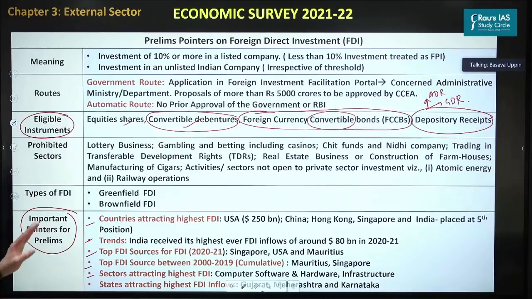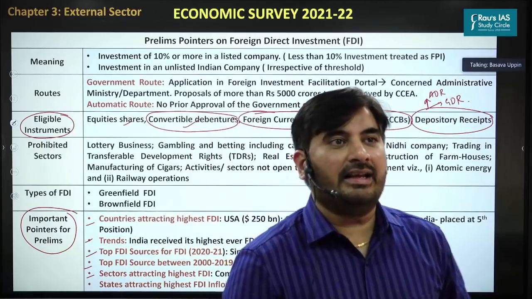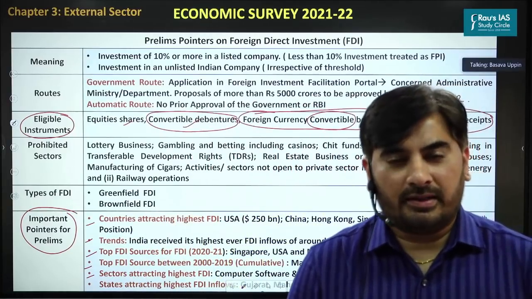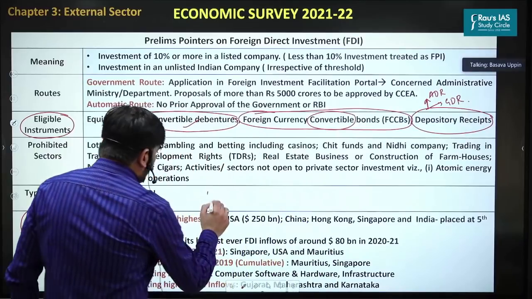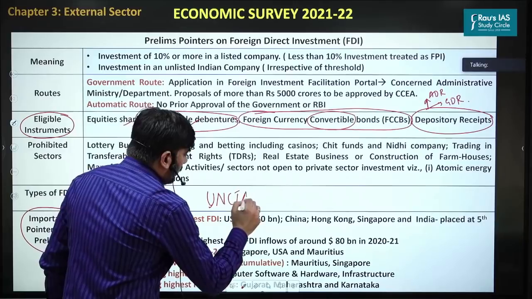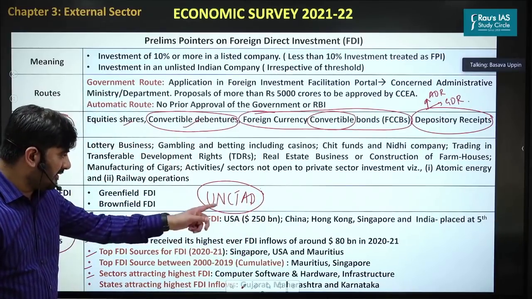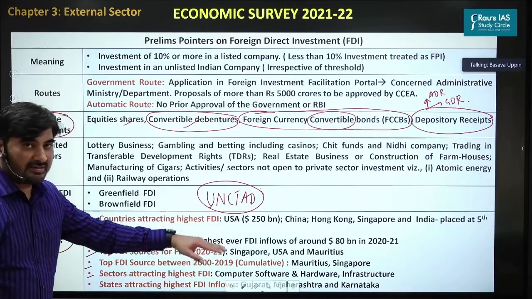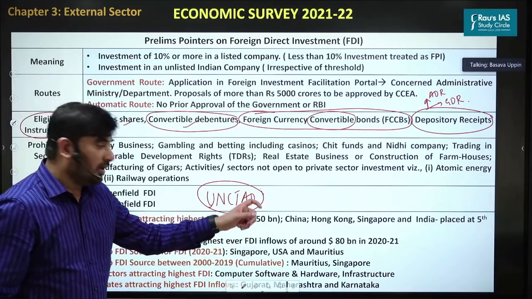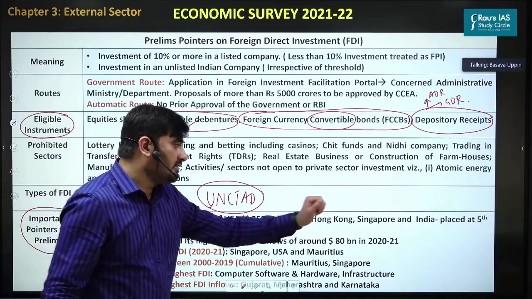Now, if you see the important pointers for the Prelims examination, I have incorporated all the important things from the perspective of your Prelims examination. Here, there's a report called the World Investment Report. The World Investment Report is published by UNCTAD. If you look at the latest report published by this international organization, the country which receives the world's highest FDI is the USA, followed by China, Hong Kong, and Singapore.